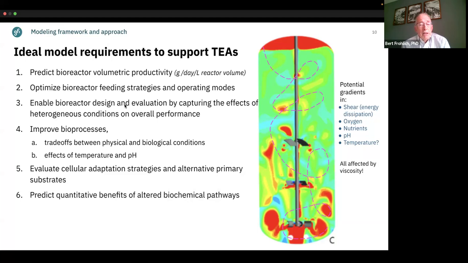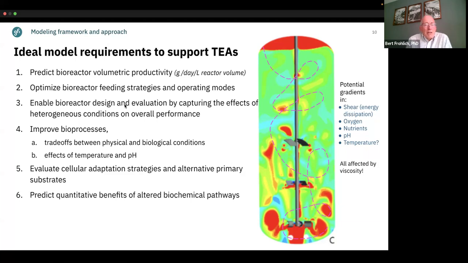And by extension, that means also looking at the bioreactor and being able to assess its performance, because that is a significant part of the economics for cultivated meat. So we want to be able to predict the volumetric productivity, and that has a very special key performance indicator. We can talk more about it, but it has the units of grams cell mass produced per unit time per unit reactor volume. So keep that one in your head.